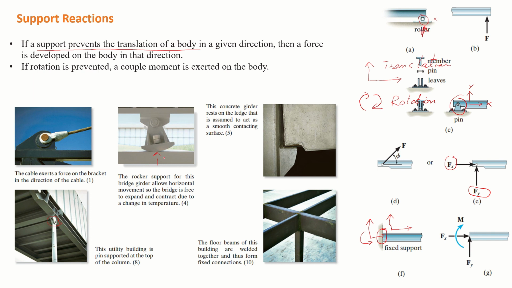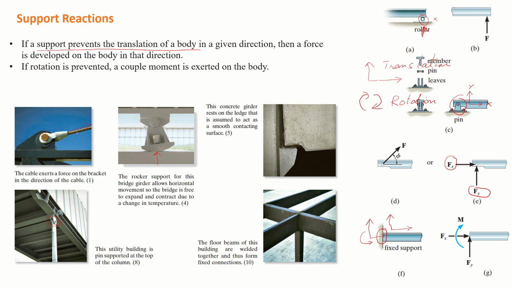So we place a single reaction here, but it allows its horizontal motion. So we cannot place a reaction force in horizontal direction. We can only place a force in y direction. This is a cable which is exerting force on the bracket. So the force in the cable is always in the direction of cable, in this direction.